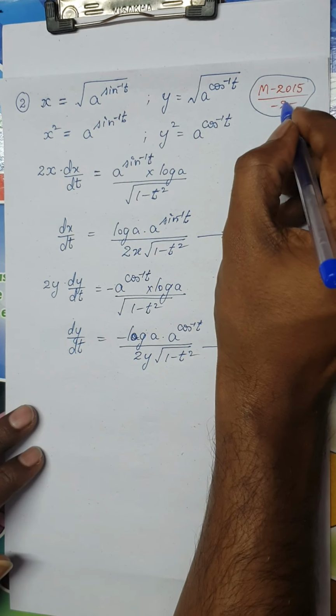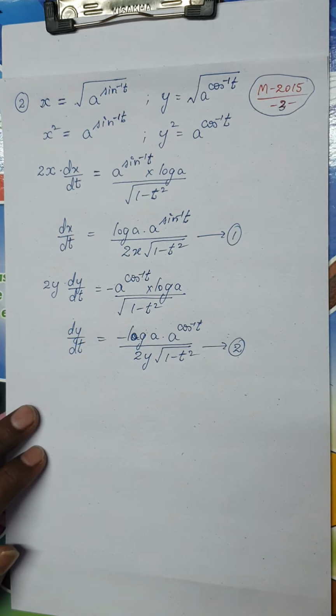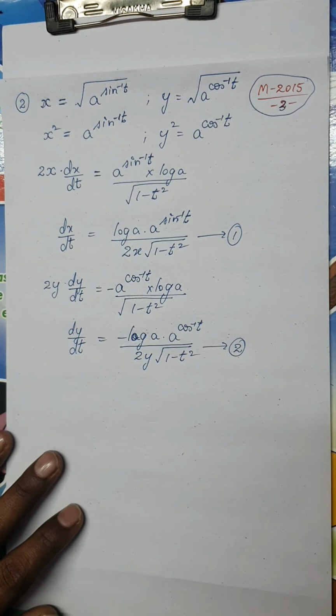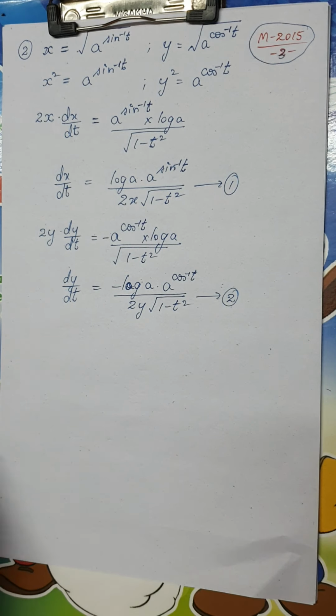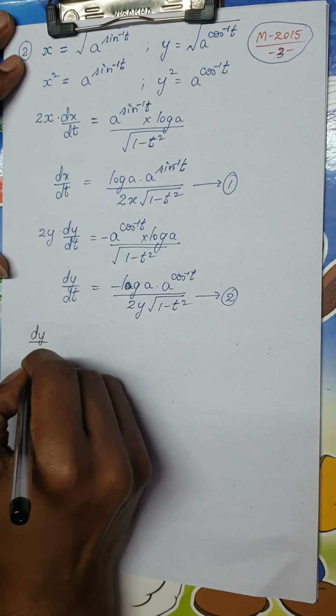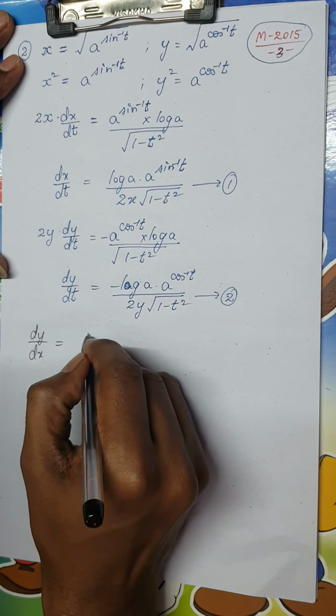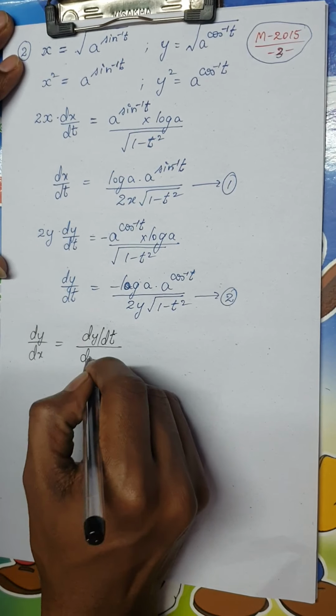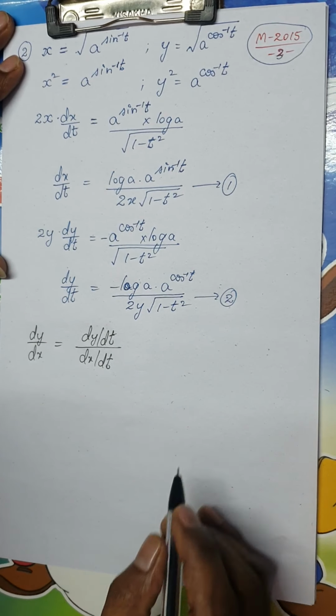Sorry, I think this question was asked for 3 marks, not 2 marks, because this is too lengthy to ask for 2 marks. Once you get it, I am going to use the formula: dy by dx is dy by dt divided by dx by dt.